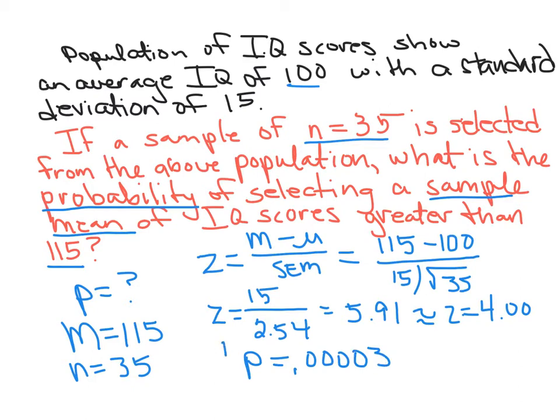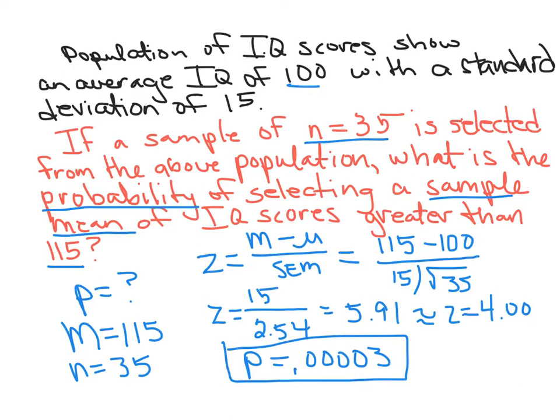That is a very, very low probability. This is because you only have a sample of 35 people. So it gives you an idea of how low that probability value is. I'm just giving you an idea of what you would do if you got a z-score that is way out of the boundaries of what is expected.